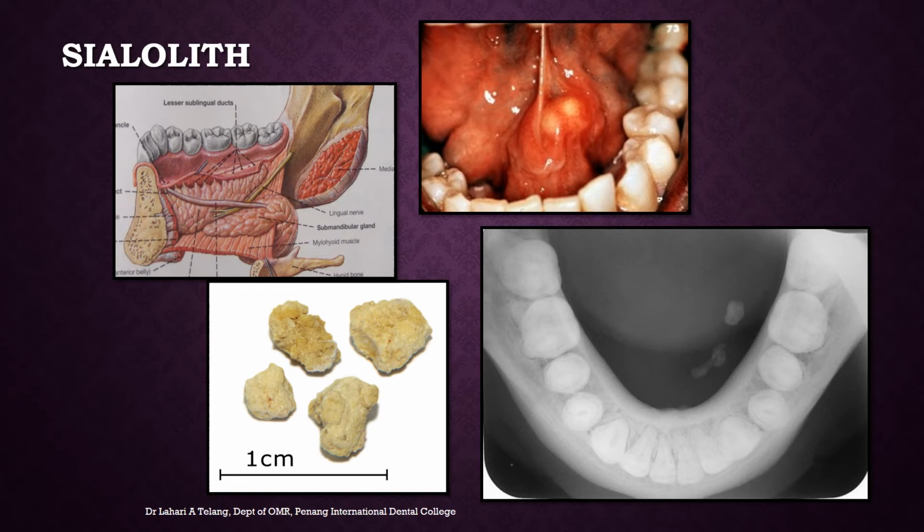So sialoliths can vary in their radio-opacification based on the calcification and the density. The X-ray shown here is a cross-sectional occlusal view of the mandible, and you can see a few radio-opacities in the proximal component of the salivary duct, very close to the orifice of the duct.